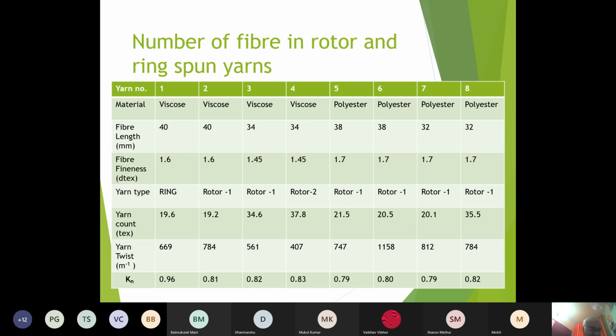If my fiber orientation is different, my yarn properties are different. Normally in literature, people who have not studied the yarn structure will explain that an increase of spindle speed is reducing the yarn strength. I will say that increase of spindle speed is disorienting my fiber, and due to disorientation, my strength is reducing.